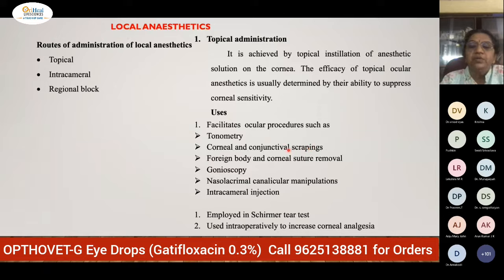Also foreign body and corneal suture removal, gonioscopy, nasolacrimal canalicular manipulations, and intracameral injections. The STT test done after this is called STT2, and this is also used intraoperatively to increase the corneal analgesia.